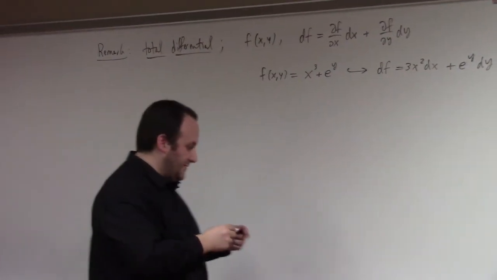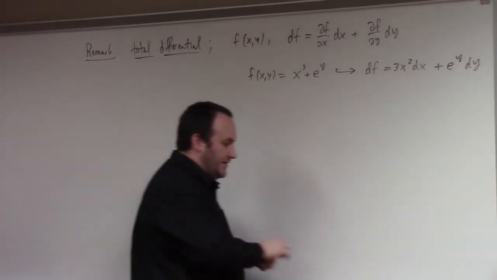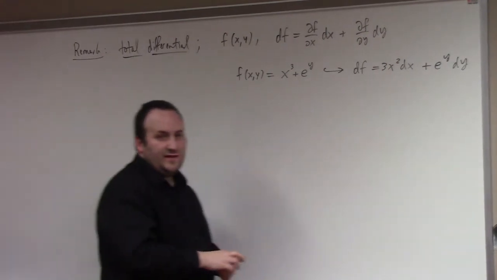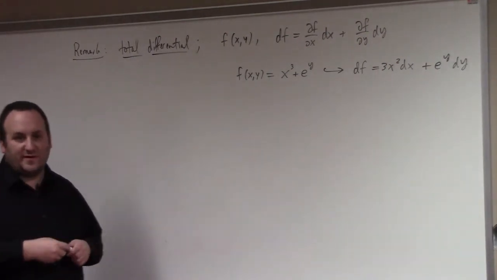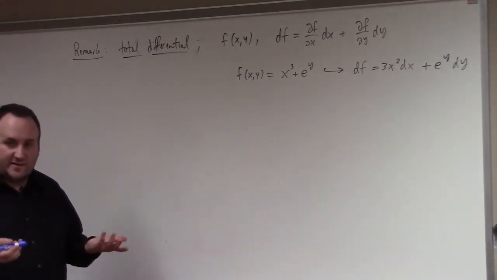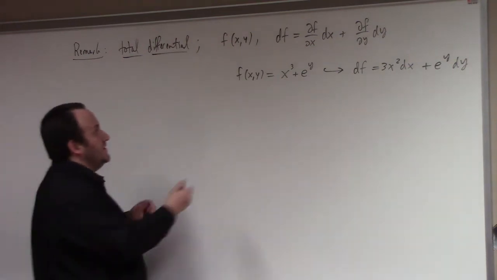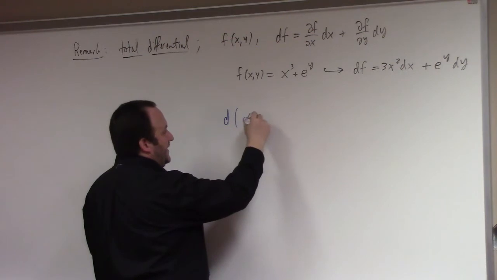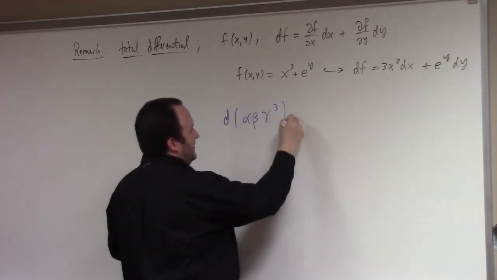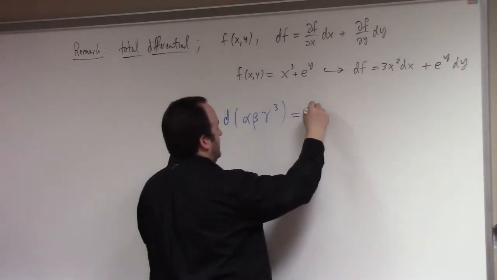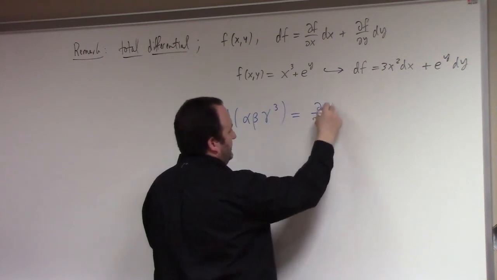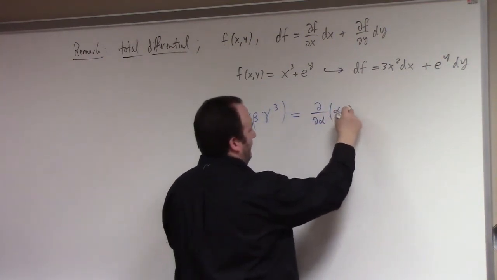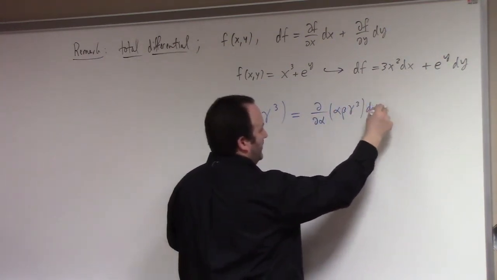You'll also encounter this kind of language in engineering where you might not even say what your function is of. You might just have an expression. You can still take the total differential of expressions. For example, if I was to take the total differential of alpha beta gamma cubed, well, what would that be? You do partial alpha of the thing, d alpha, plus partial beta.